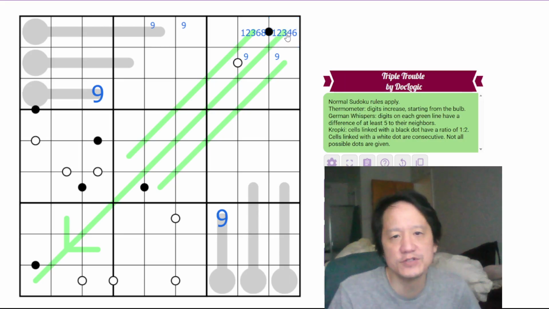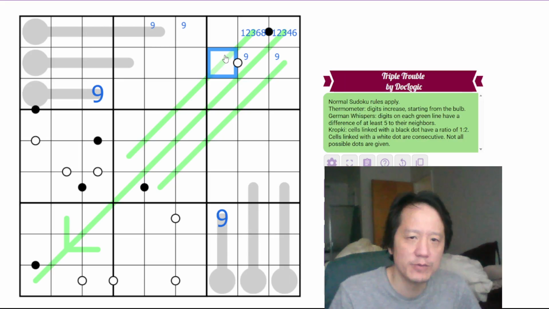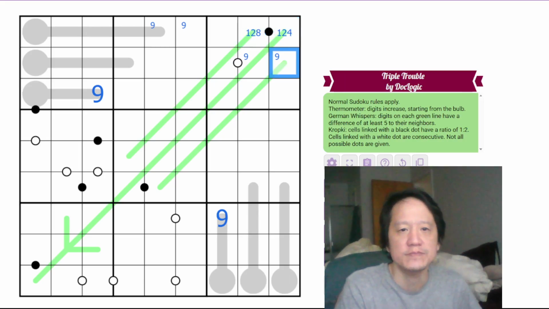Same here. If this is 3, it would have to be next to a 6 here for the black Kropke dot. The 6 can only be next to 1 on a German whisper line, and the 3 can only be next to 8 or 9. Well, those two digits are never going to be consecutive, so this cannot be a 3-6 pair here.